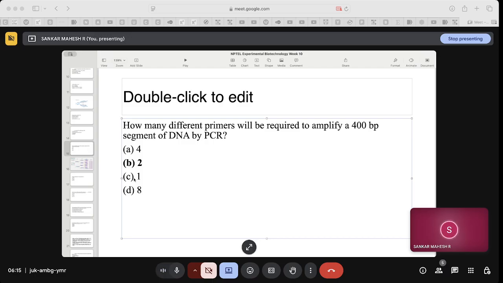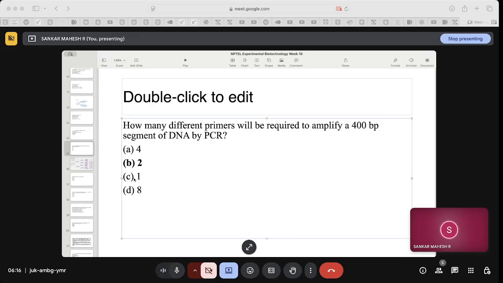Whereas options 4 and 8, although it might appear like these are wrong, you can still have four primers at different regions and still be able to get amplification, or eight primers. The only thing is, where do they sit on the DNA?